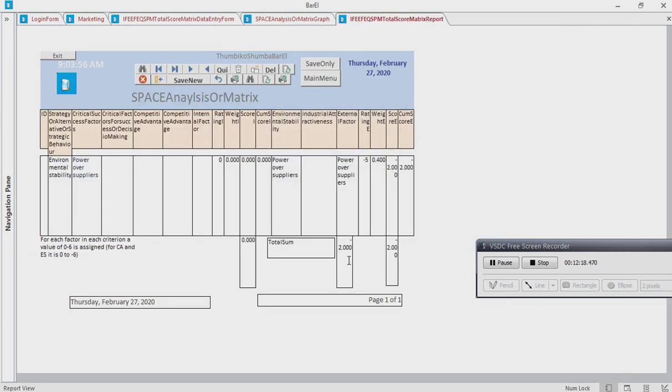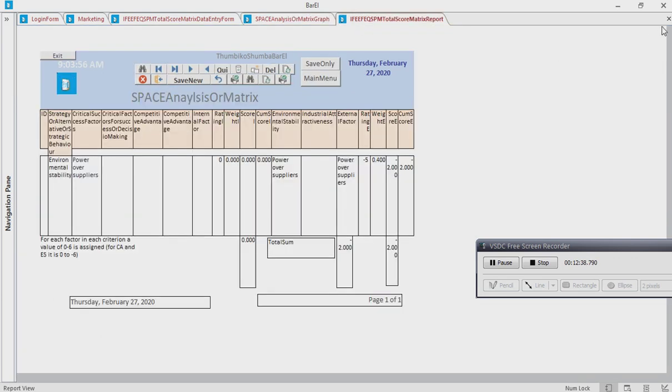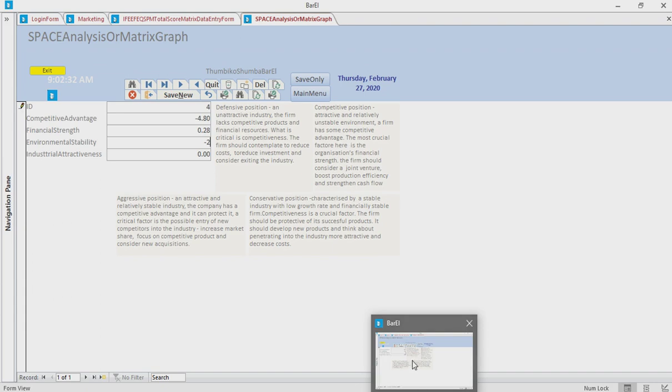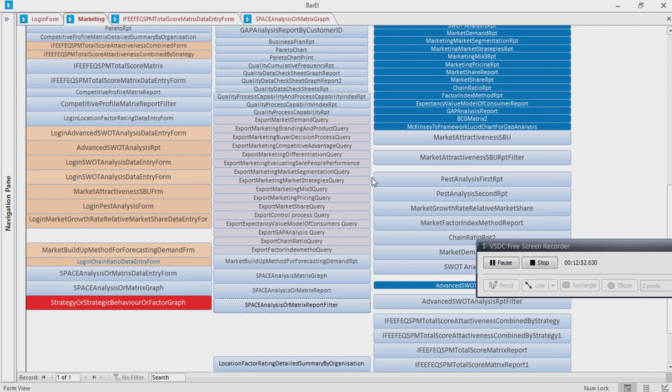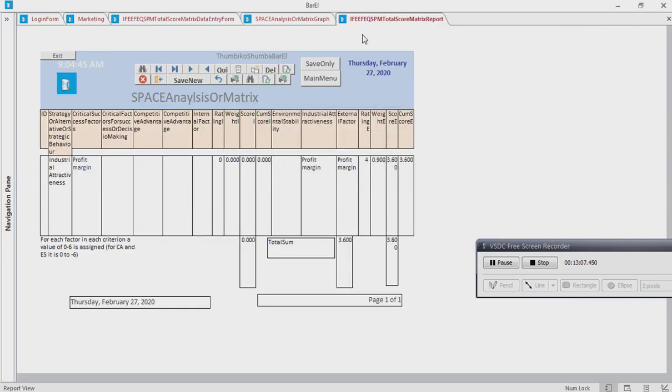Total sum is negative 2. Industrial attractiveness. Total sum is 3.6.